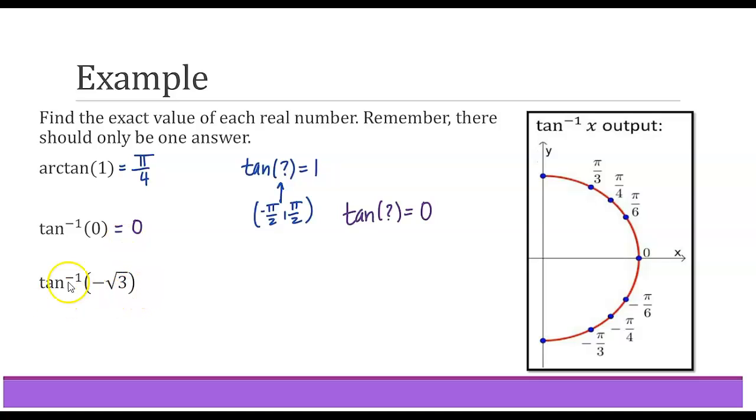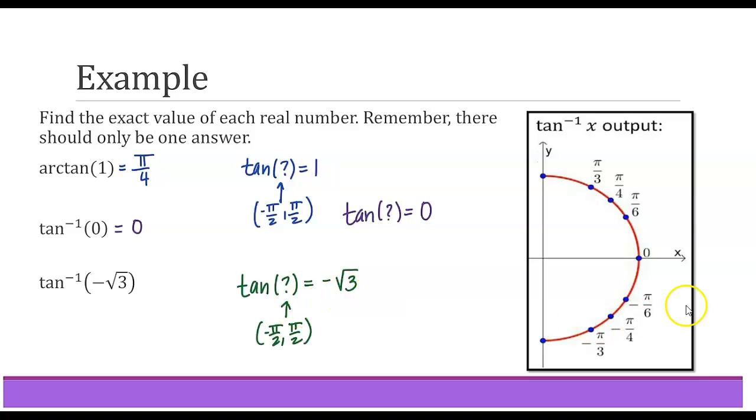And lastly, tan inverse of negative radical 3. So tan inverse of negative radical 3 is asking me to think about tangent of what angle is equal to negative radical 3, but restricted from negative pi over 2 to pi over 2.